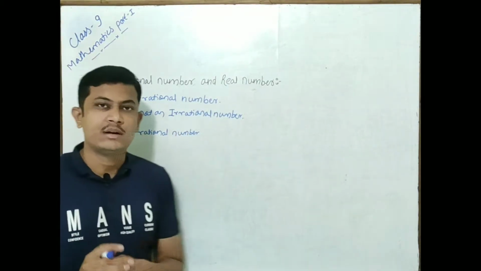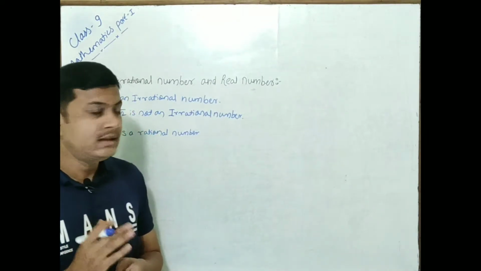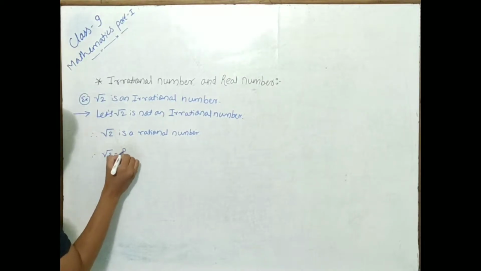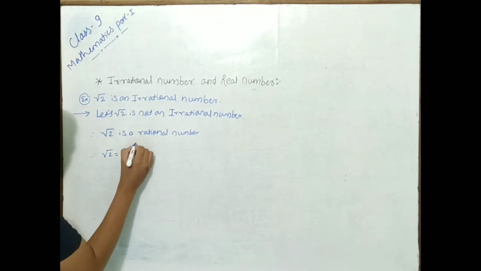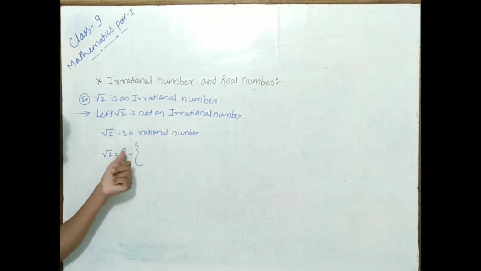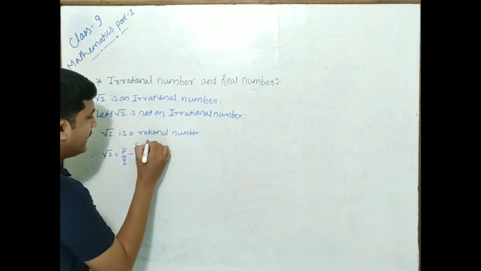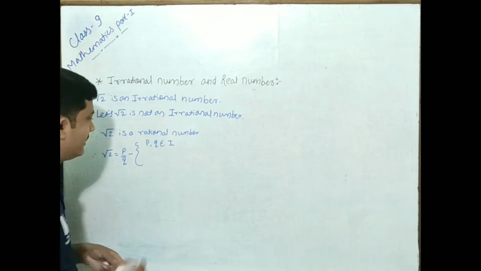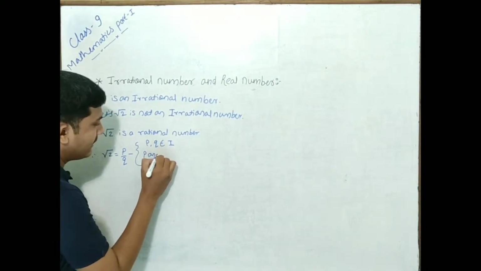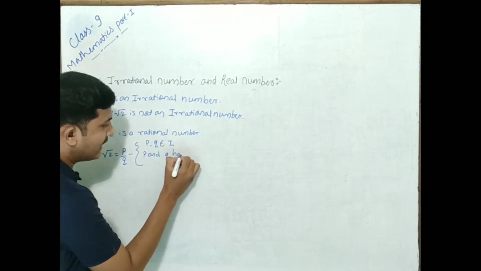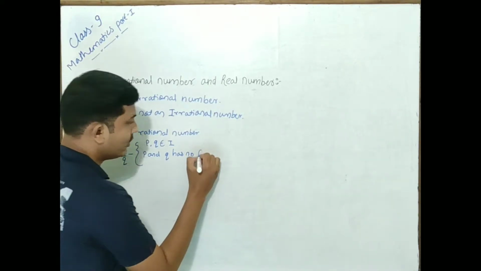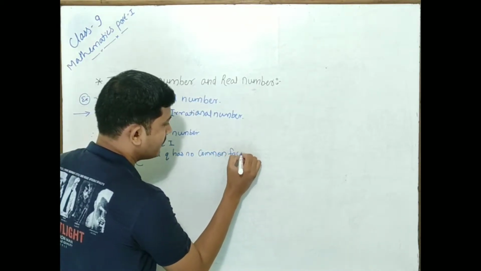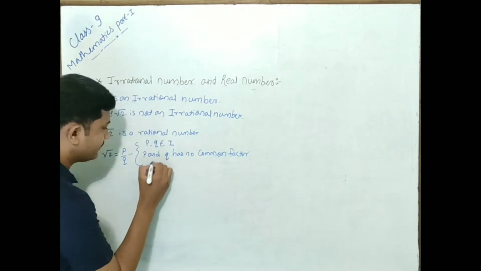If root 2 is a rational number, then we can express it in the form of p upon q. Therefore root 2 equals p upon q, where p and q are integers, and p and q have no common factor other than 1.